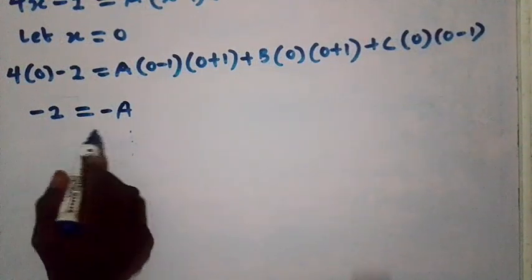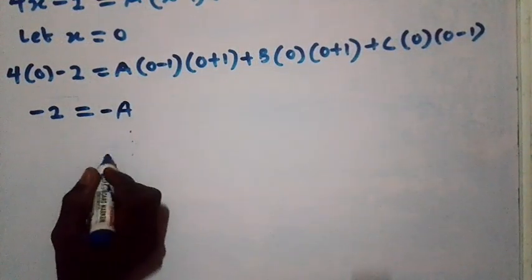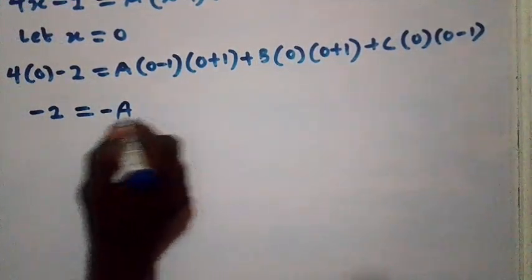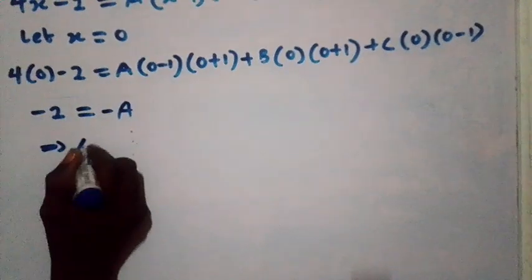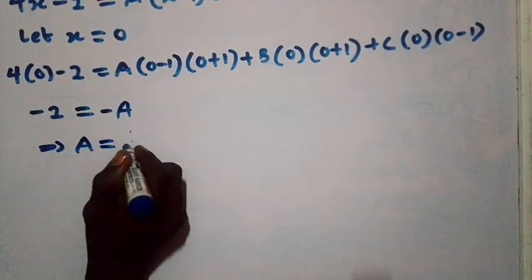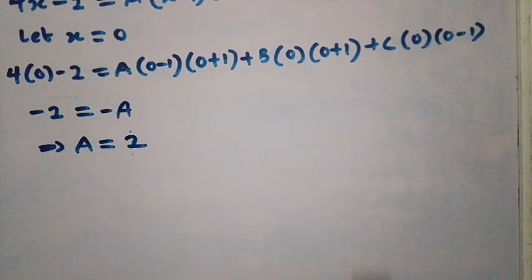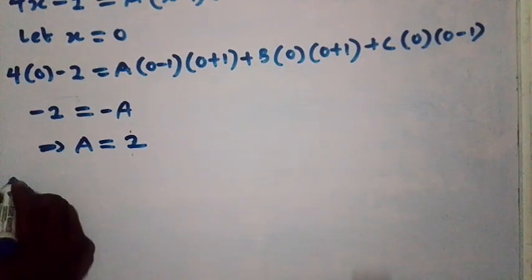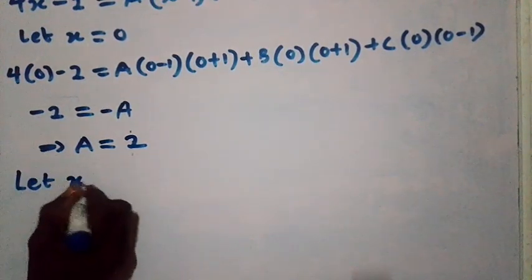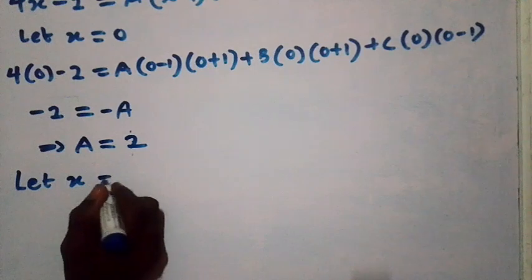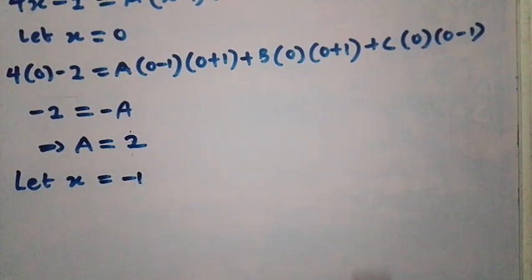Therefore we are left with minus 2 equals minus A, which implies that A equals 2, as minus cancels out minus. Now we've gotten the value of A, we have to solve for B and C. Let x again equal minus 1.